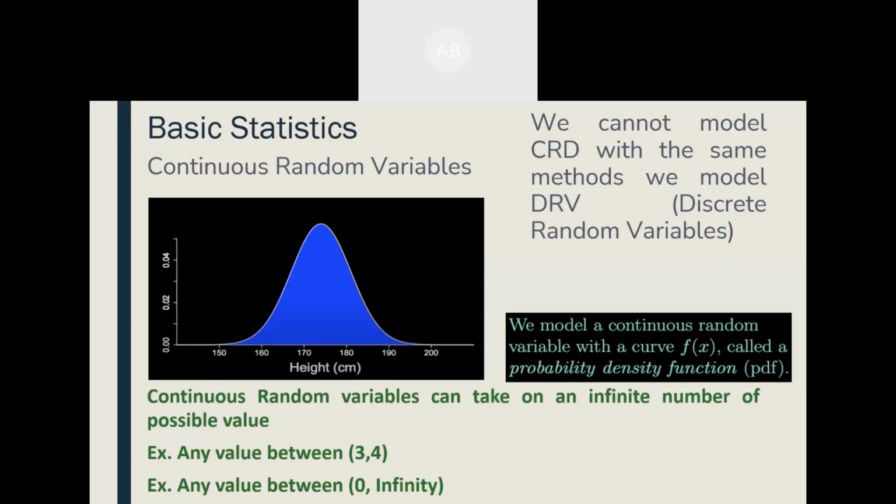If I want to give a mathematical expression to this curve, it can be a function f(x), and then it will be called a probability density function, or PDF, in case of a continuous random variable, as you see it on the screen here.